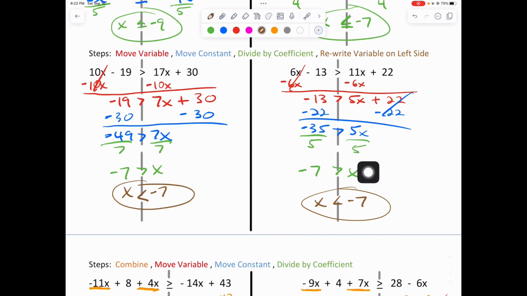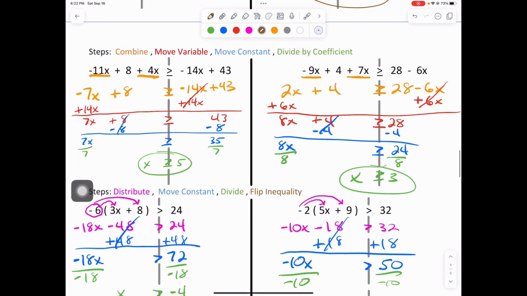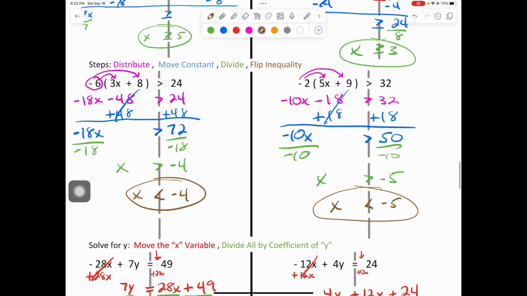All right, again in brown, we did flip it, and x is less than -7. And then again, because we did divide, by a positive, we just had to flip it. My bad on that, but that is the correct answer. Sorry about the explanation. All right, working through, you should have x is greater than or equal to 3. And going through it again, you have x is less than -5.